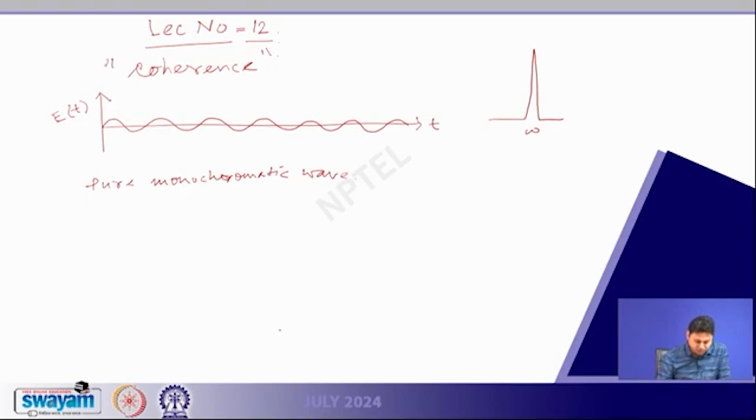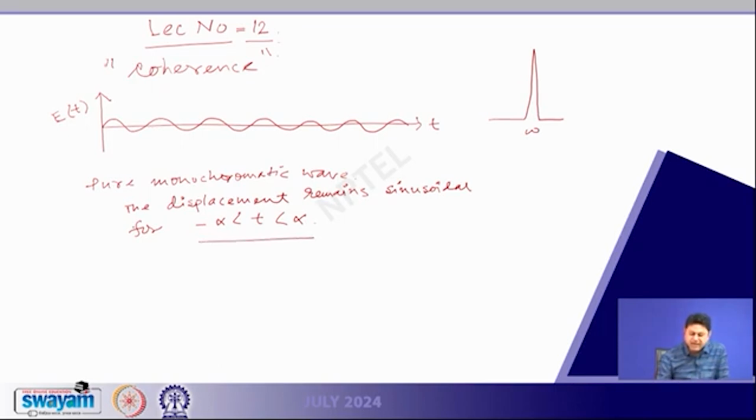For a perfect monochromatic source, the displacement remains sinusoidal for time in the limit minus infinity to plus infinity.